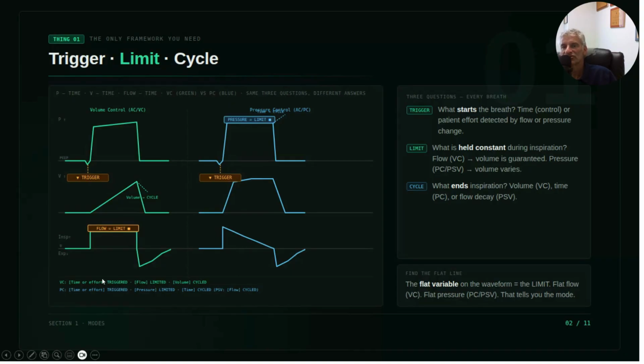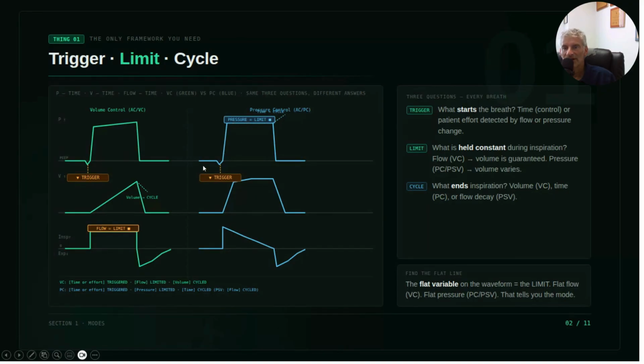Okay, now pressure control has the same trigger, patient or effort, but also time. So let's say you don't trigger the ventilator. It's every 5 seconds or every 10 seconds, however you set it, like how many breaths per minute, you'll get the trigger. It is pressure limited because that's what's stable throughout the breath.